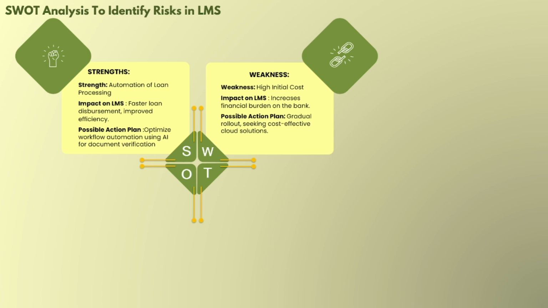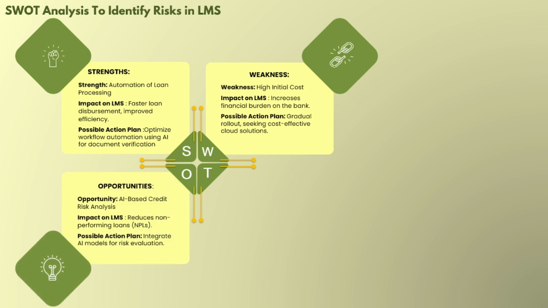Gradual rollout and seeking a cost-effective cloud solution. First, we need to roll out phase by phase, and try to find cloud-based servers which are cost effective. So this may lessen the financial burden on the bank.